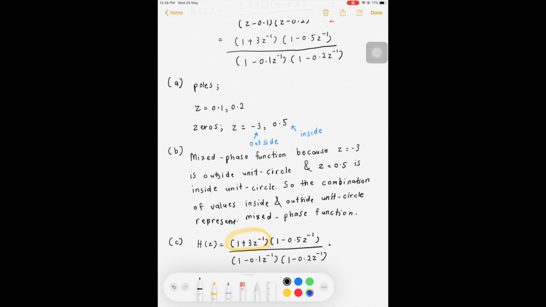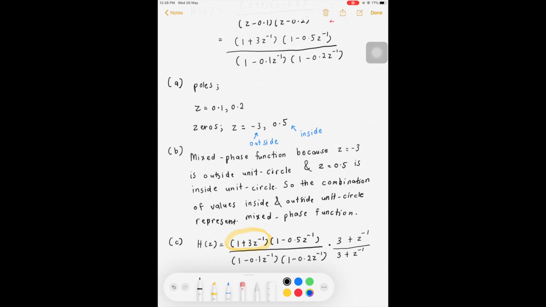The function outside the unit circle is 1 plus 3z minus 1. The mirror of 1 plus 3z minus 1 is 3 plus z minus 1. So again, we have a newly added function. We don't want to disturb the original function, so we divide with the same new transfer function.